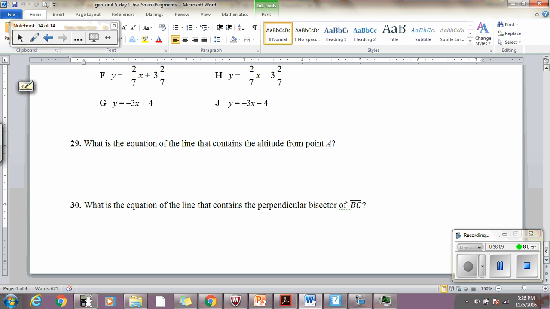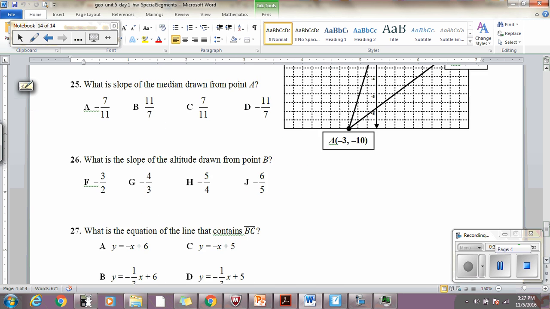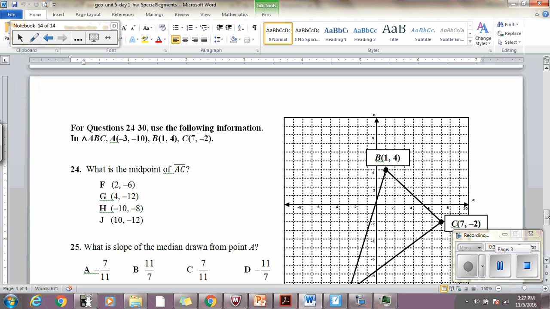And number 30. What is the equation of a line that contains a perpendicular bisector of BC? So if it's perpendicular to BC, it would have to have the opposite reciprocal slope, which we just found out would be a positive 1. And it must go through the midpoint of BC, which is 4, 1.